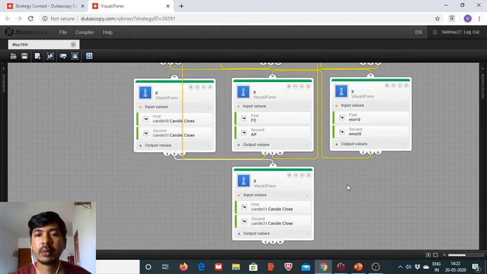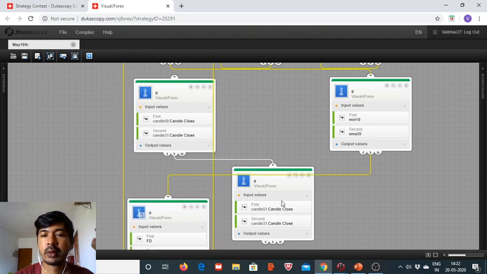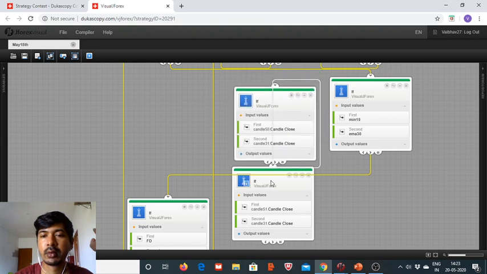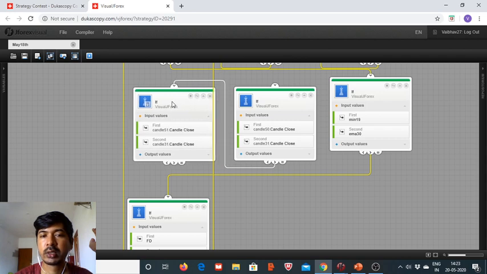Now we need to adjust this actually. So here we do the change.